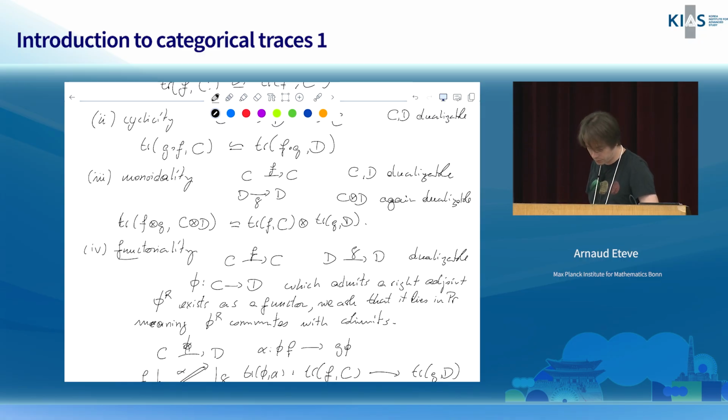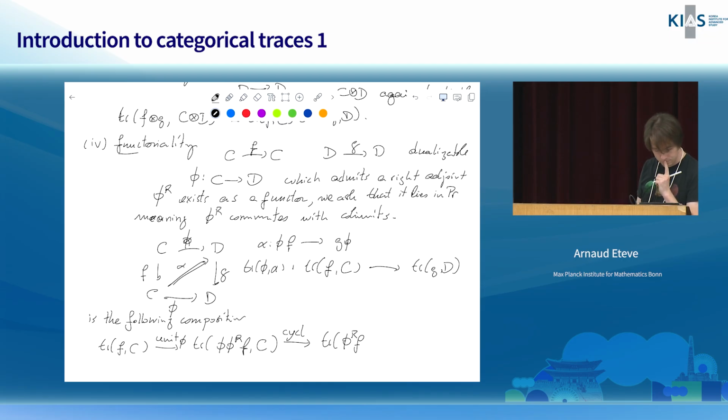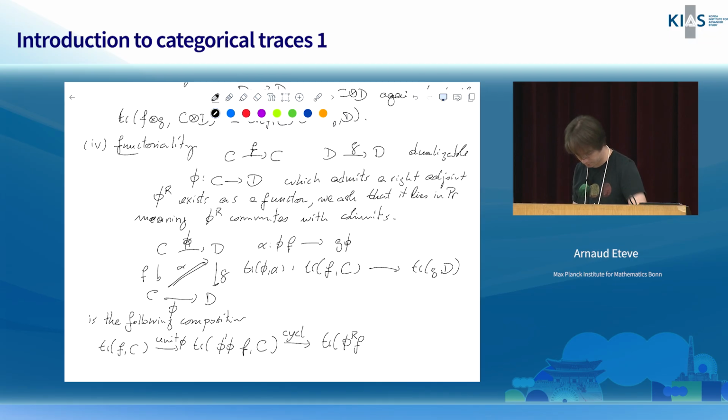Then we use this cyclicity property, which is property number 2, that's right above here. So we're going to permute these functors. So I think I want trace of phi R F. Sorry, I messed up something. So it goes to the right adjoint, D this time.